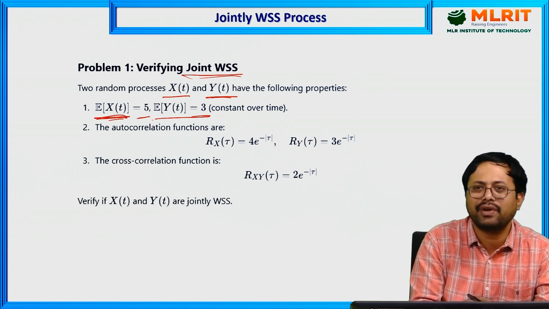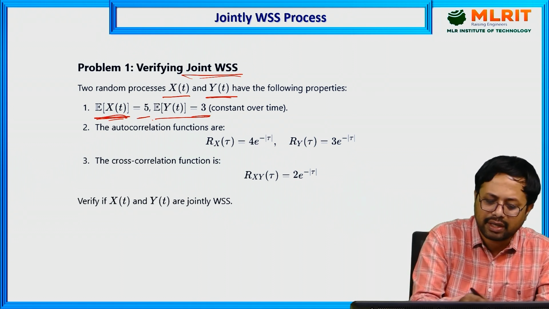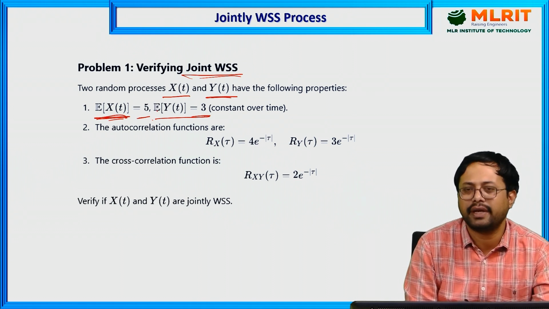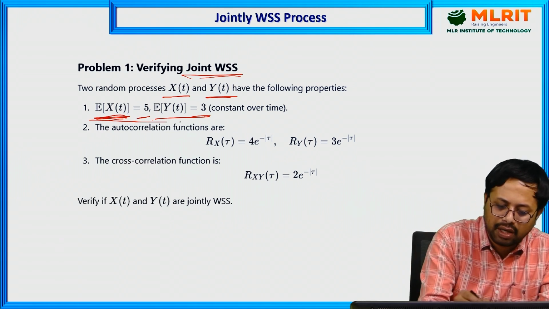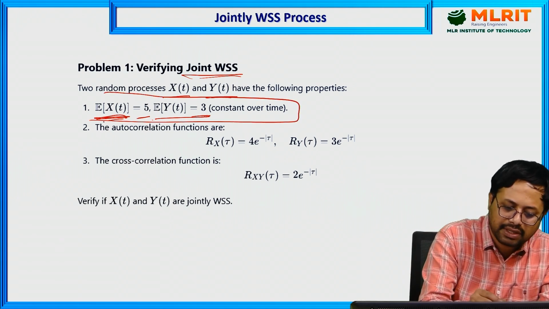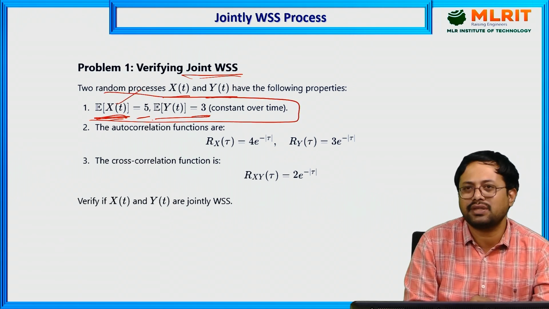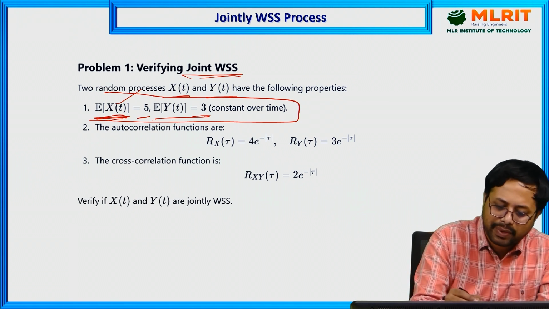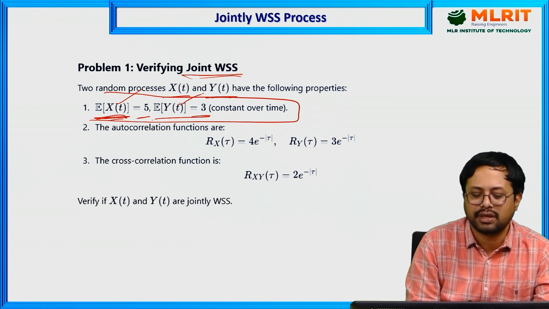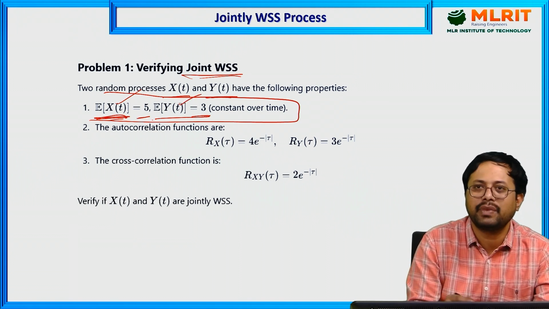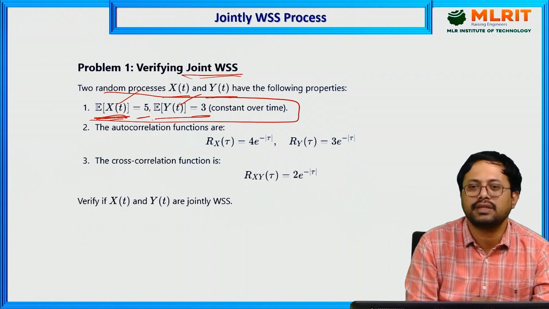Whatever the constant values, they do not depend on time t, so the first condition is satisfied. Expectation of x of t is constant and expectation of y of t is also constant. If you get similar answers, the first two conditions are satisfied.